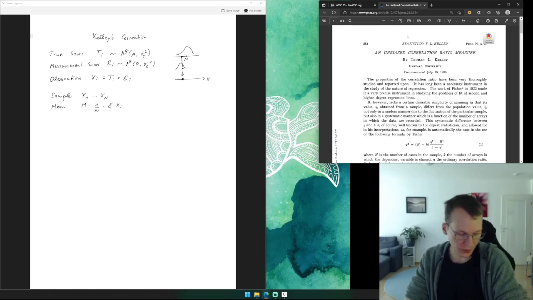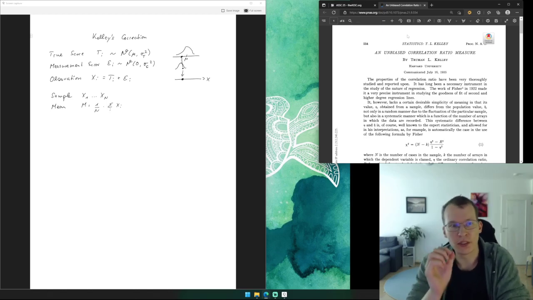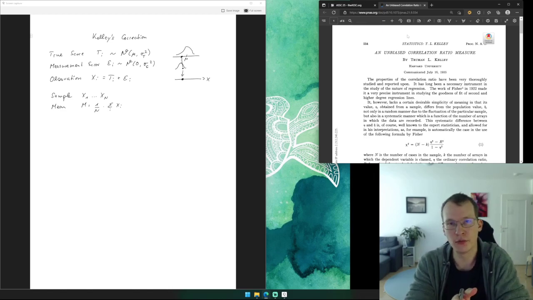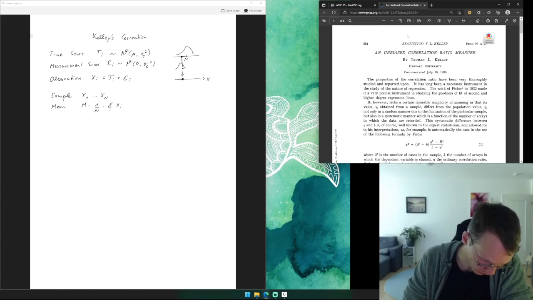And now the question is, can we get a better measure for t_i, better than x_i? x_i is the individual's observation, their test score in the IQ test, and we want to get to the true IQ score t_i. So can we do better than just taking x_i for granted?